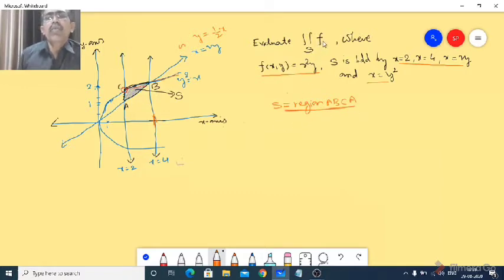We want to evaluate the integral over S, so you have to find the limits of x over S and the limits of y over S. You can do this in two different ways.